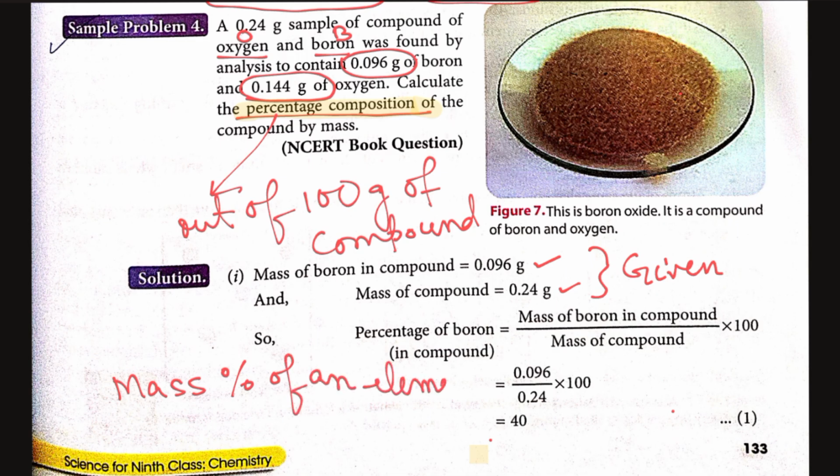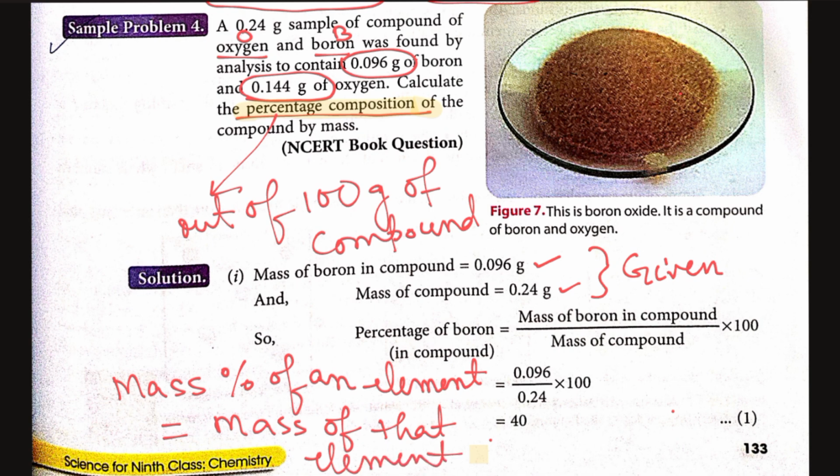Any element, whether it is boron, oxygen, or hydrogen, oxygen in water, it is actually mass of that element in compound, means whichever compound you are talking of, divided by mass of the compound.